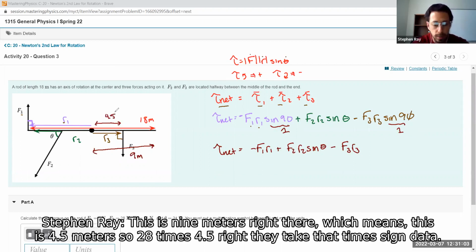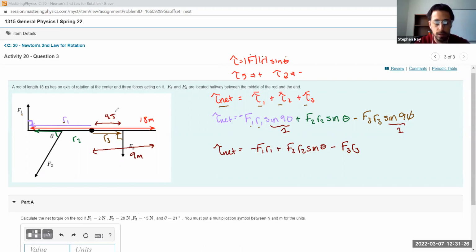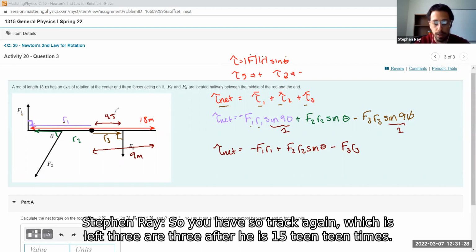So 28 times 4.5, right? I take that times sine theta, sine 90, and I get 45. Okay, now let's see if I can do this. I'm going to subtract F1R1, which is 2 times 9, 18. Then I'm going to subtract again F3R3.